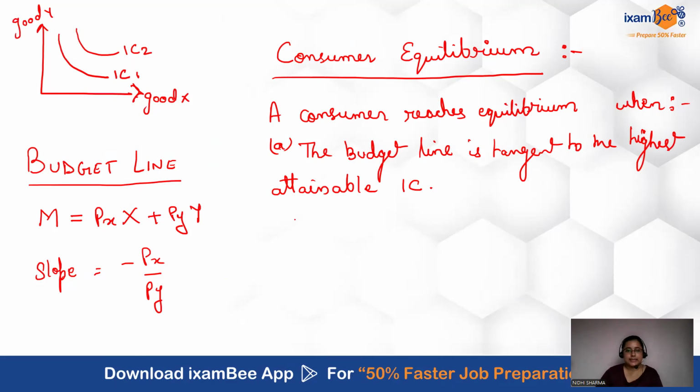So we can say that the condition of equilibrium is the marginal rate of substitution between commodity X and Y equals price of X by price of Y. This is the condition of equilibrium when we are trying to show the equilibrium using the indifference curve and the budget line.